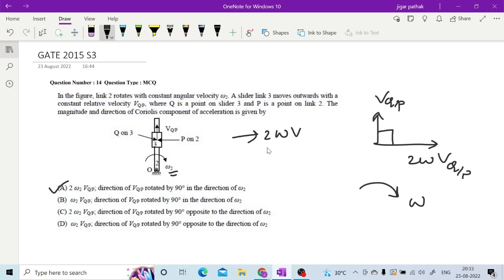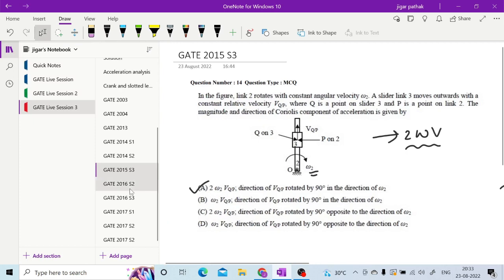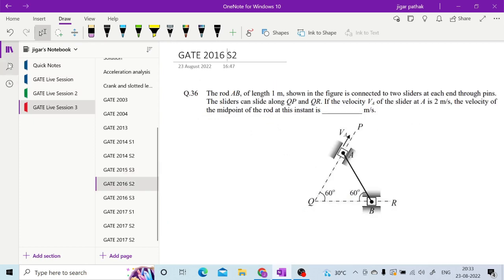In order to get the direction of the Coriolis component, you have to give a 90-degree rotation to your velocity in the direction of the angular velocity. It is clockwise, so this way you will have it. Are you getting what I am saying? Okay, now let us go to the next one.